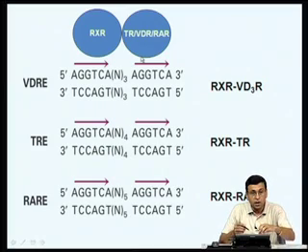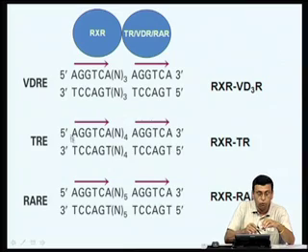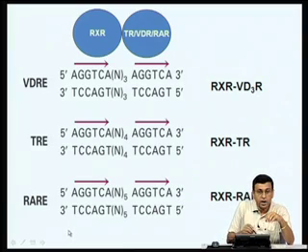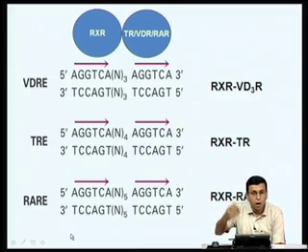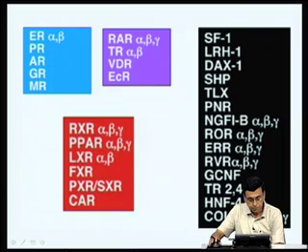Similarly, the RXR in combination with thyroid hormone receptor as a heterodimer can bind to a DR4 element, or a thyroid hormone response element, whereas the RXR and RAR heterodimer can bind to a DR5 element. So, you can see the RXR became the common heterodimeric partner for vitamin D receptor, thyroid hormone receptor and retinoic acid receptor. Again, it is a very important observation in the area of nuclear hormone receptor research.